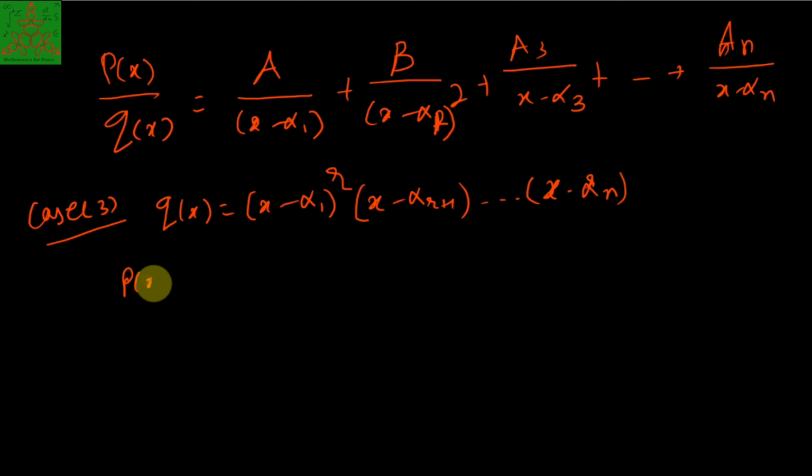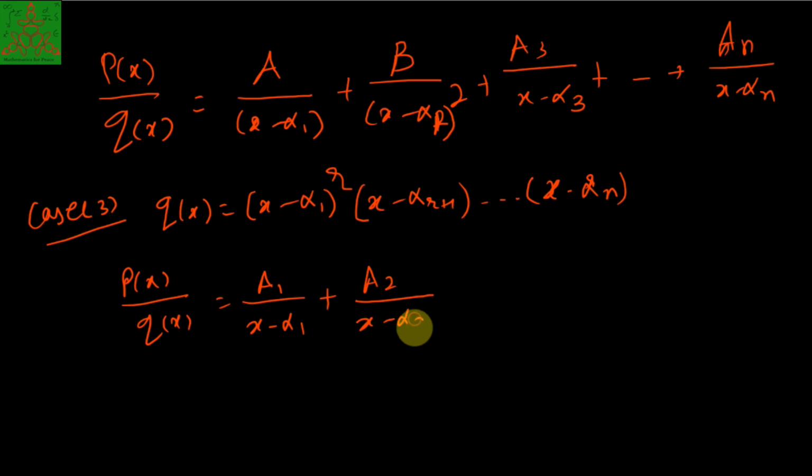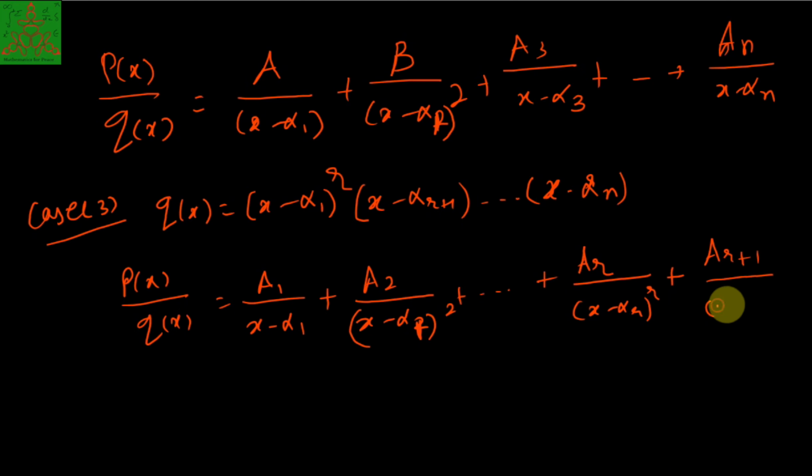In that case, the partial fraction can be done in this manner: a1 upon x minus alpha 1, a2 upon x minus alpha 1 squared, up to ar upon x minus alpha 1 to the power r, and the rest, that is ar plus 1 upon x minus alpha r plus 1, as it is, and the last one is an upon x minus alpha n.